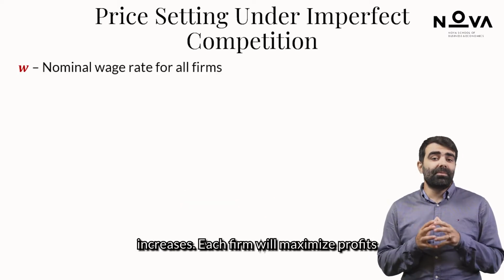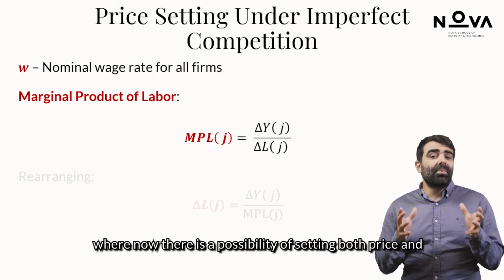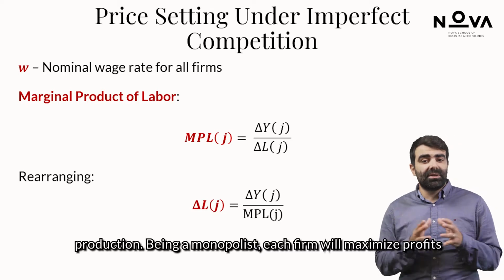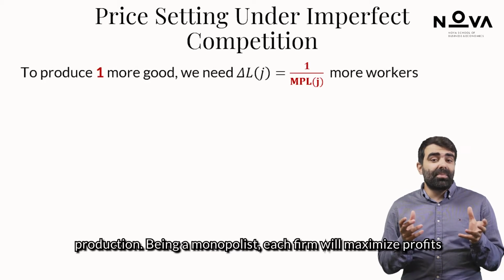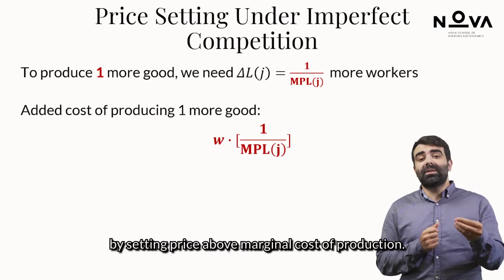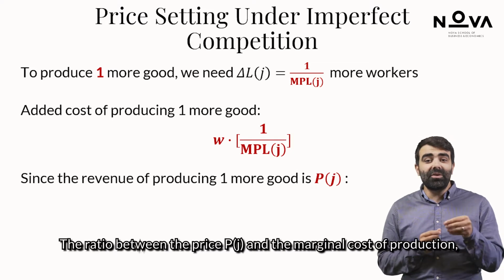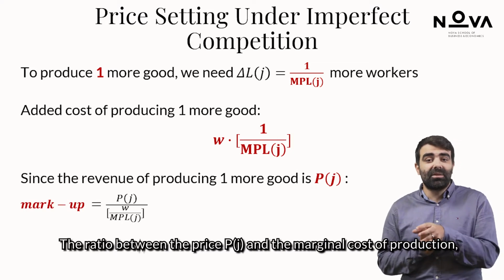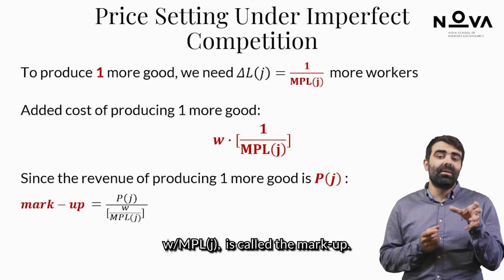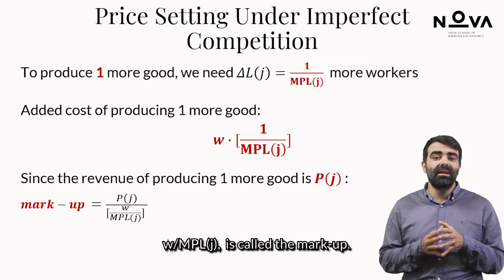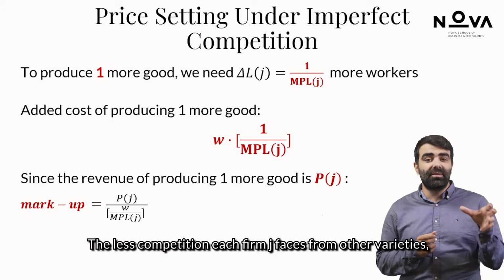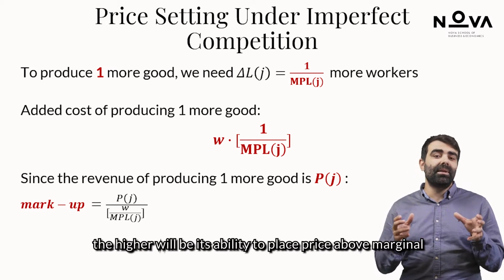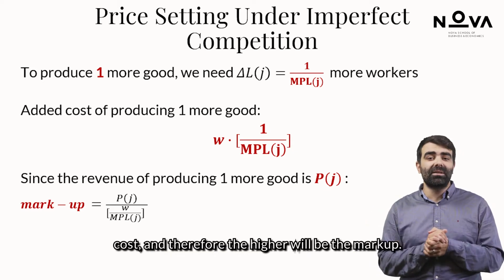Each firm will maximize profits, where now there is a possibility of setting both price and production. Being a monopolist, each firm will maximize profits by setting price above marginal cost of production. The ratio between the price Pj and the marginal cost of production, W over marginal productivity of labor for firm J, is called the markup. The less competition each firm J faces from other varieties, the higher will be its ability to place price above marginal cost, and therefore the higher will be the markup.